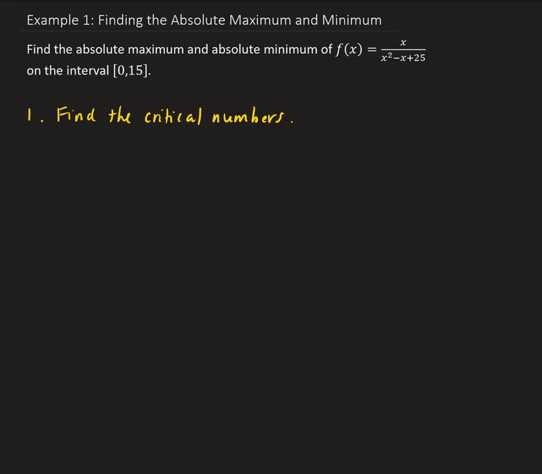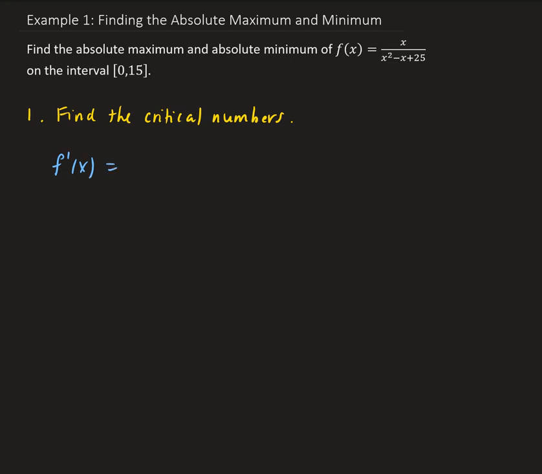In this case, we need to apply the quotient rule since our function is a rational function. So we're going to have f prime of x, the derivative of f with respect to x.